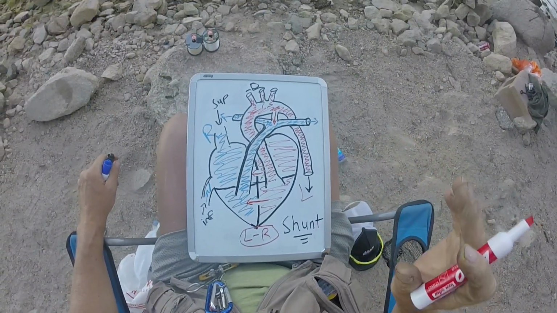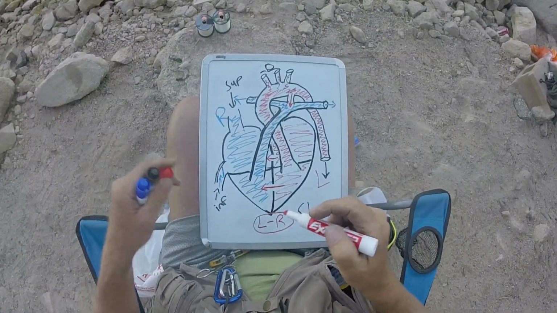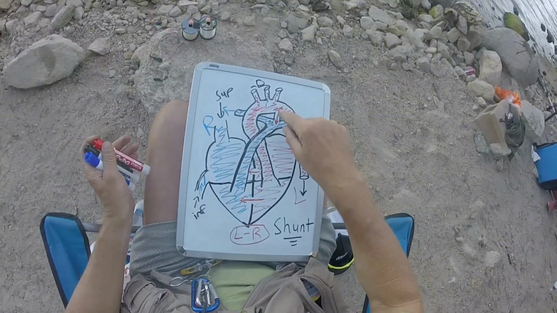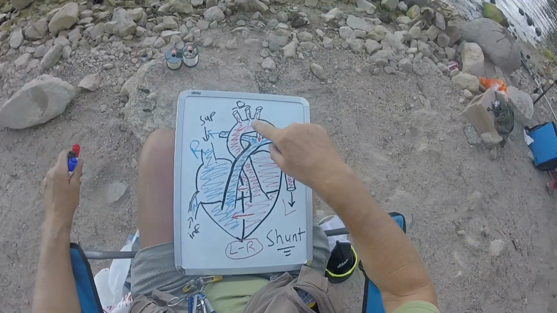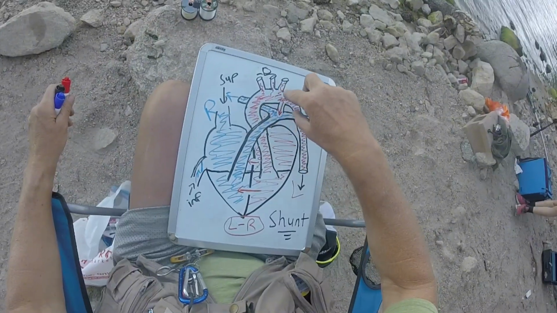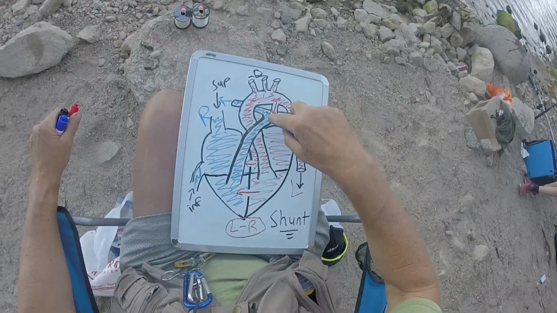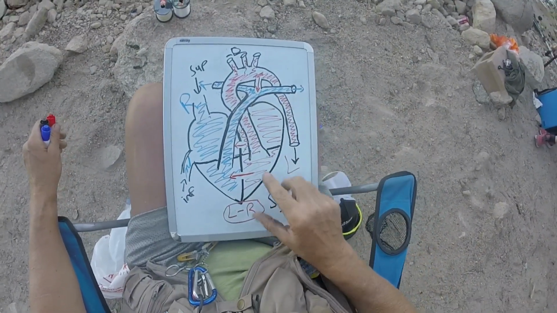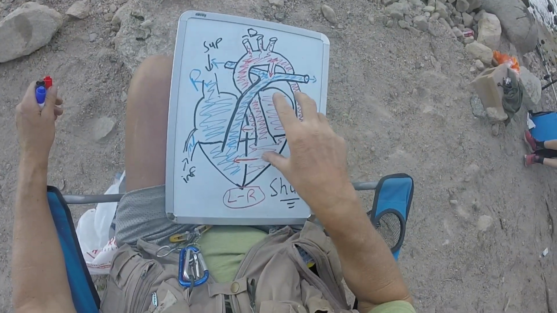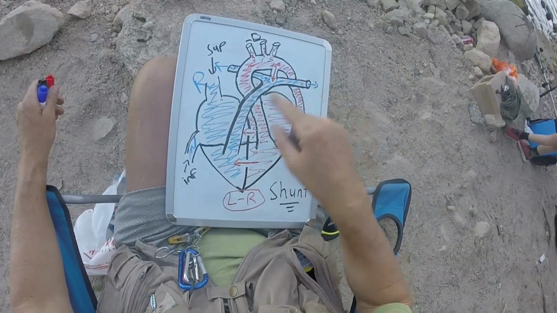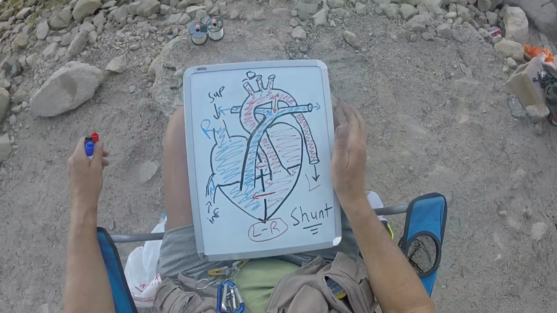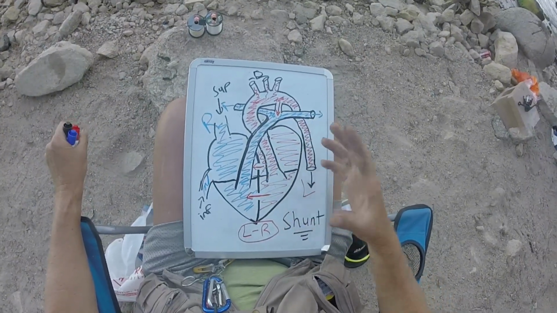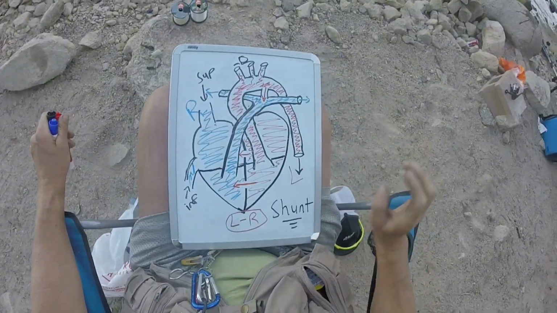Why not? Because it's a left to right shunt. The blood is actually going from the oxygenated side to the deoxygenated side, in all of these cases. So what we're actually doing is sending some oxygenated blood back to the lungs. That's not efficient, but you're not going to be sending deoxygenated blood out to the body.